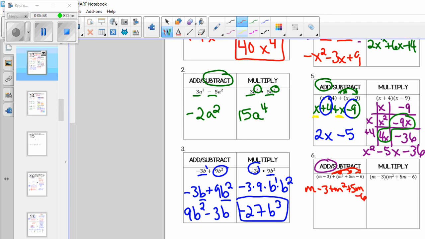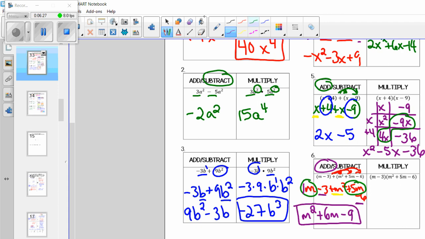We're looking for those like terms. I don't have any other m squareds, just 1. I do have 2 m's. I have 1m and plus 5m. If I wanted to start rewriting my final answer, I'd have m squared plus 6m, since this is a hidden 1 in front of my m. And then when I combine these constants, a minus 6 and a minus 3, I'll have a minus 9 as my final answer.